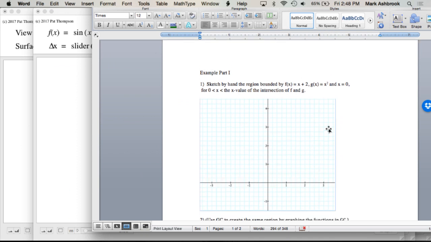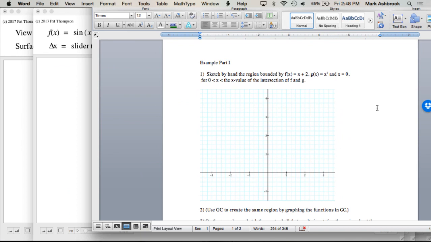We've got y equals x squared, that's g of x. That goes through 1, 1, and 2, 4. So it looks something like this. And then x plus 2 has a y-intercept of 2, and it's also going to go through the point 2, 4.